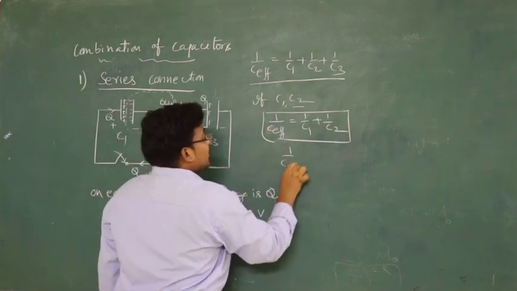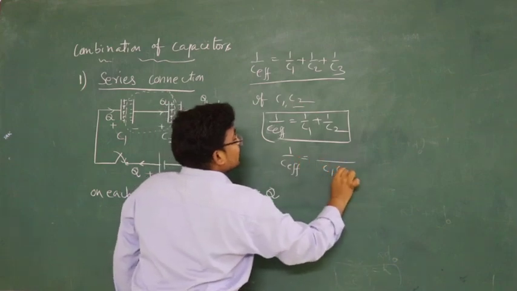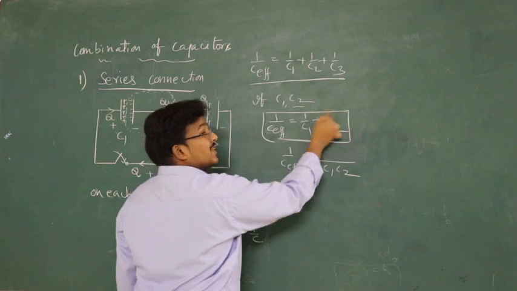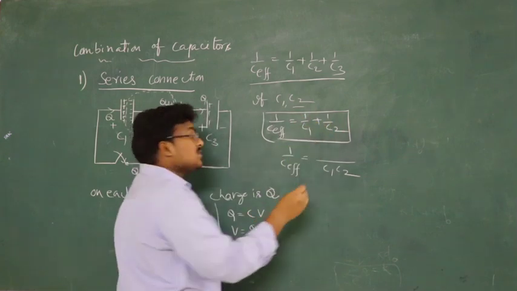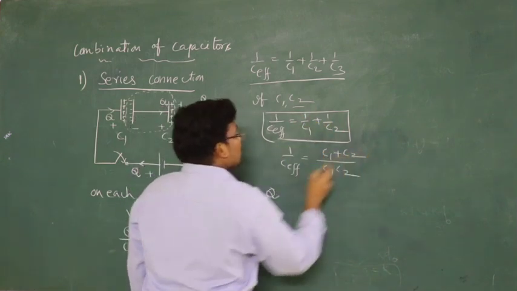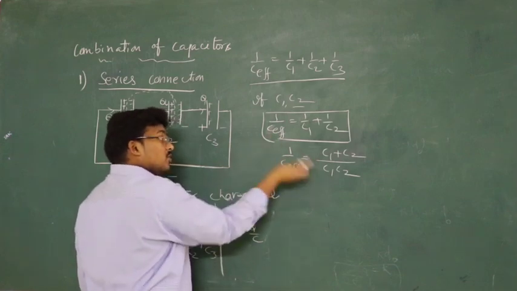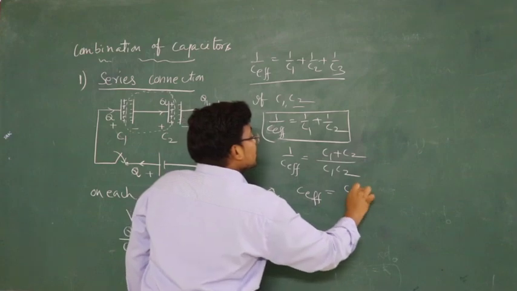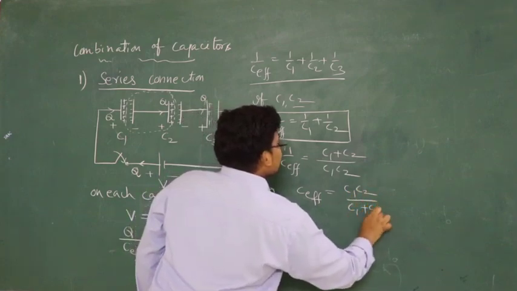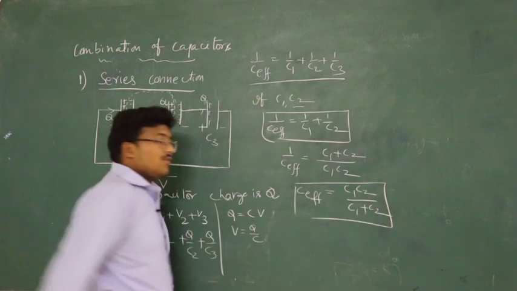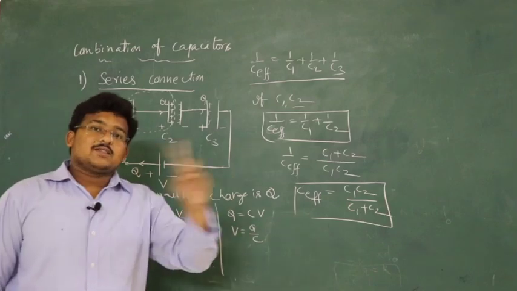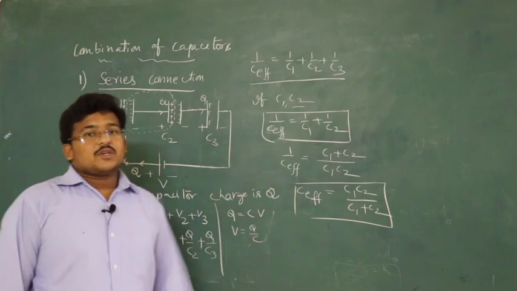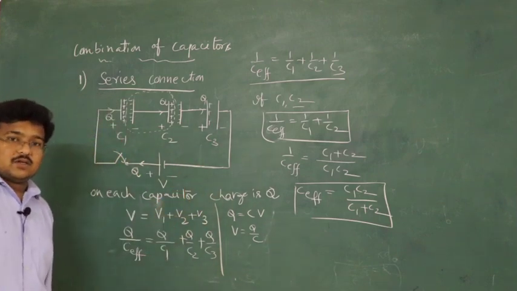So 1 by C effective is equal to, LCM will be C1 C2, and here you will get C2, here you will get C1, so C2 plus C1, also written as C1 plus C2. Now we want C effective, so invert it. So C effective is equal to C1 C2 by C1 plus C2. When two capacitors are connected in series, directly use the formula product of the capacitors by sum of the capacitors, then you will get the answer.